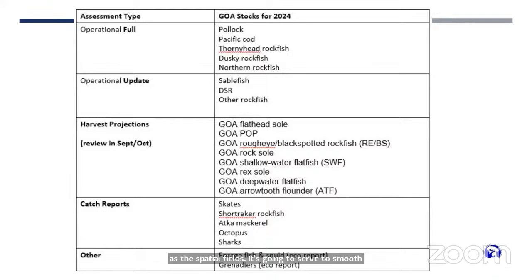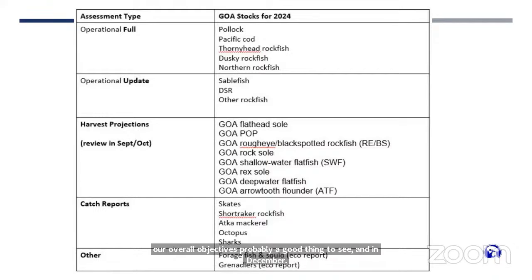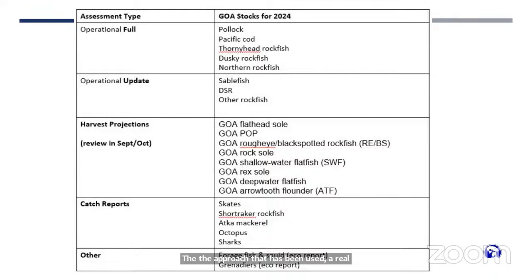But I think it is, given our overall objectives, probably a good thing to see in December. So just to clarify, then you're suggesting the REMA-based approach that has been used, the VAST approach that they are proposing, plus a VAST approach that includes temporal autocorrelation.